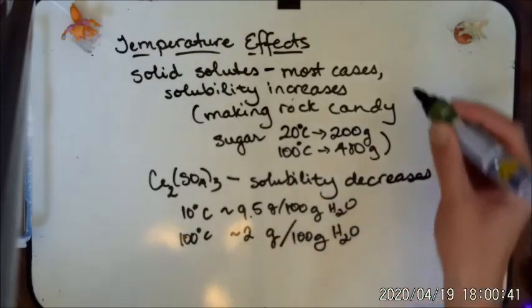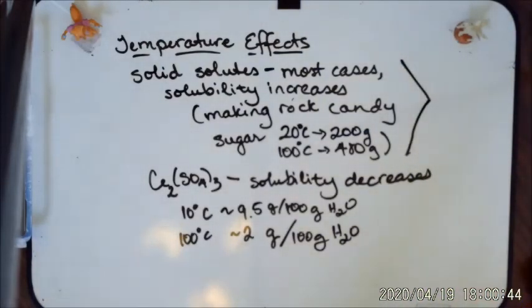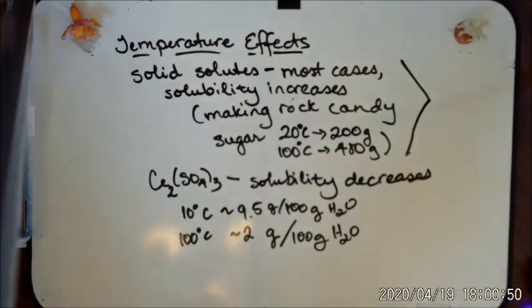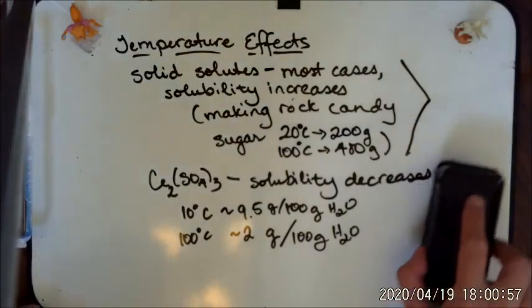So this is what you're normally going to see. It's very rare to see the other way, but you can. So I would say the rule of thumb is that in most cases, it's going to increase with temperature. And there you have it.